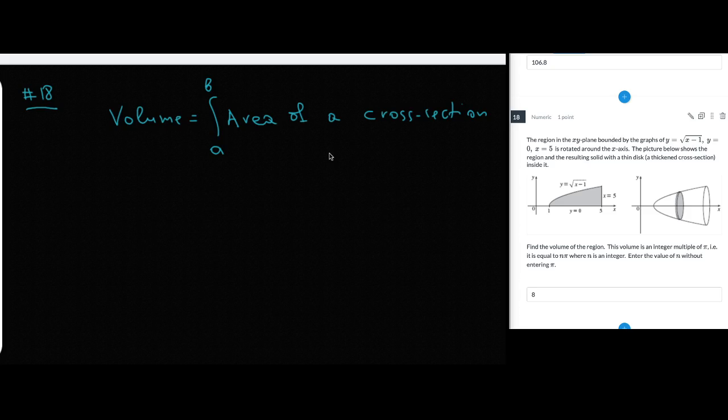When the solid is obtained by rotating a region around the x-axis, one possibility is to simply consider the cross-sections of our region by planes perpendicular to the x-axis. A typical cross-section in this case will be a disk of radius that will vary depending on the location. You can see that the cross-sections situated towards the left are going to be small disks, whereas the cross-sections situated towards the right are going to be larger disks.